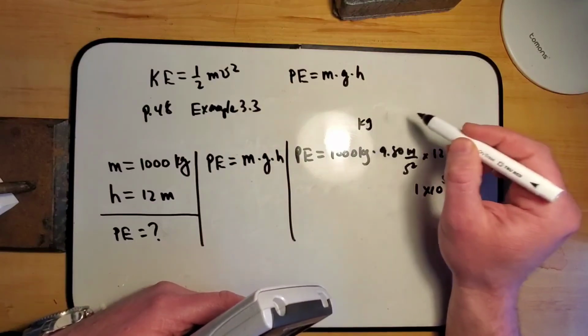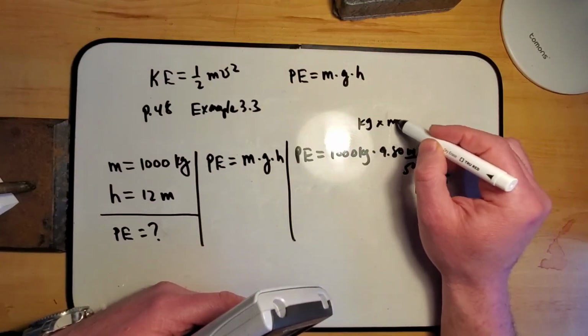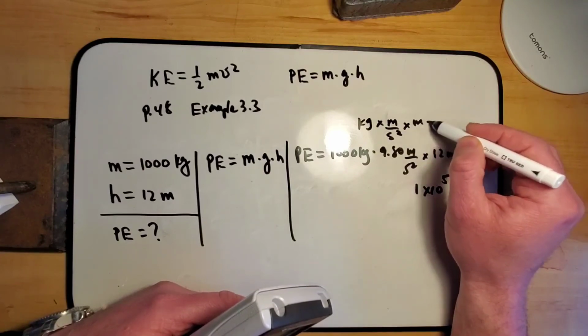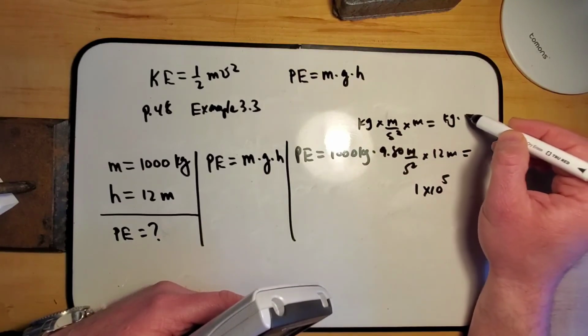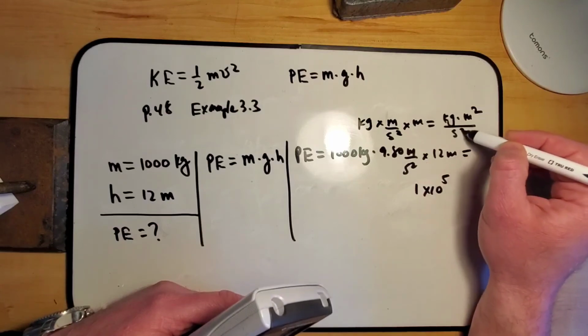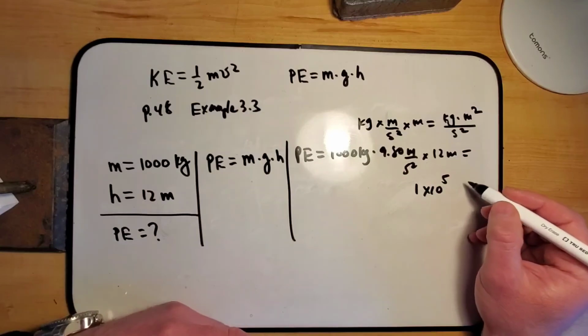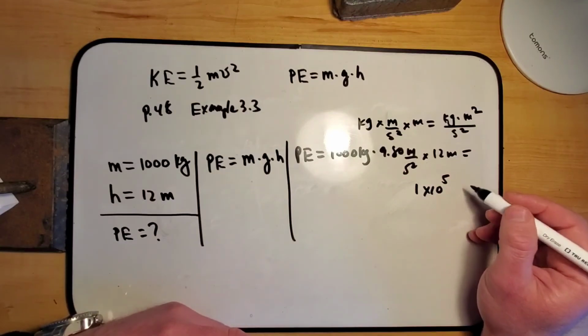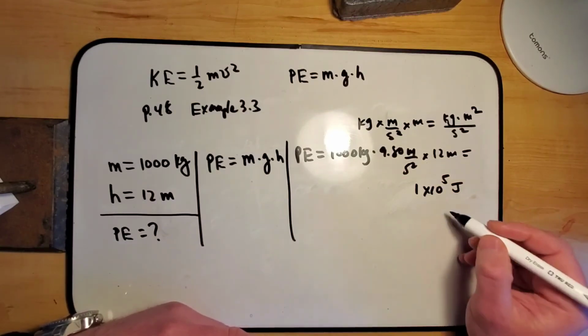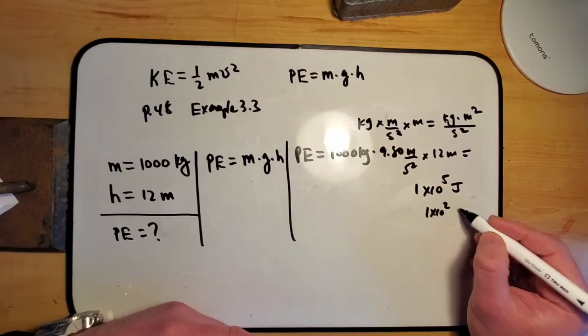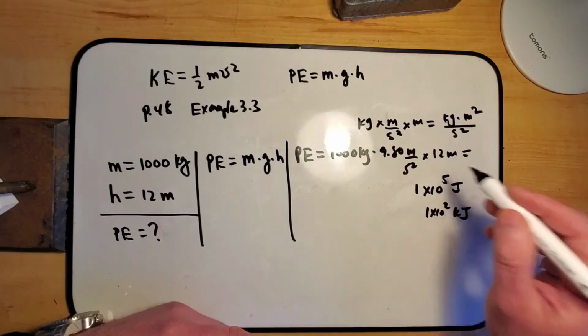I got kilograms times meter over second squared times meter, so that will be kilogram times meter squared over second squared. That's nothing else, it's just the unit of joules. And if I need the kilojoules, that will be 1 times 10 to the positive 2 kilojoules here. I just did the conversion here.